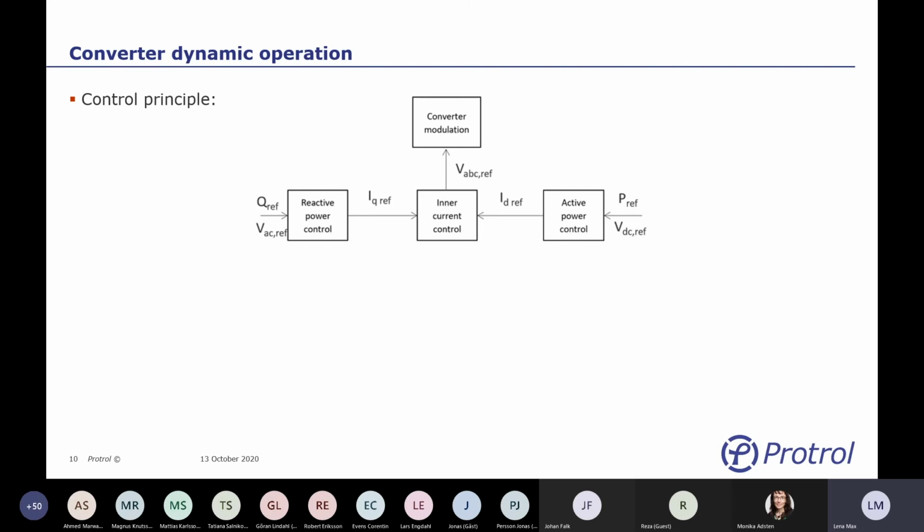And these voltage references are the reference values that the converter valves are supposed to follow. So we can see that the difference between the topologies is here in the converter modulation. So the active power control, reactive power control, and the inner current control are independent of the converter topology.